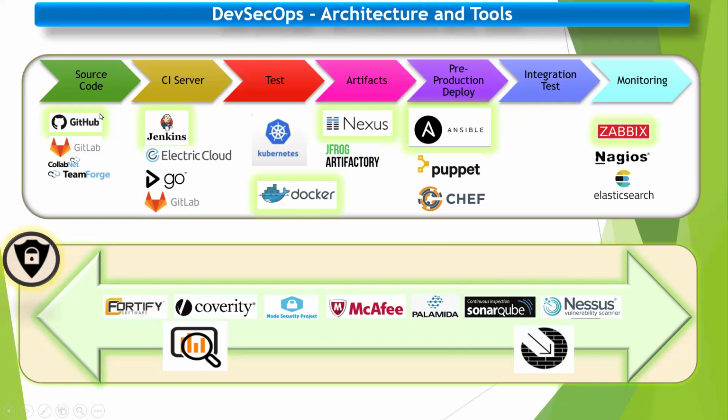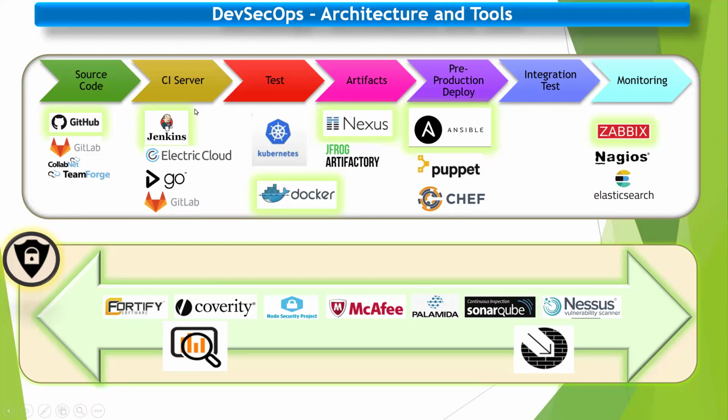These are just a few tools; in the market there are n number of tools. Don't worry about the tool, because it will more or less be the same concepts. For CI/CD, there are Jenkins, Electric Cloud, Go or GitLab.